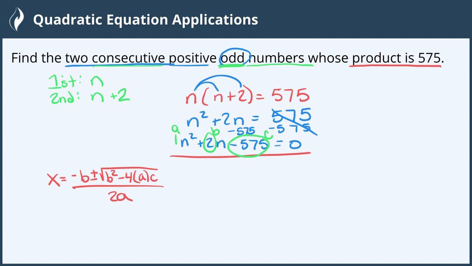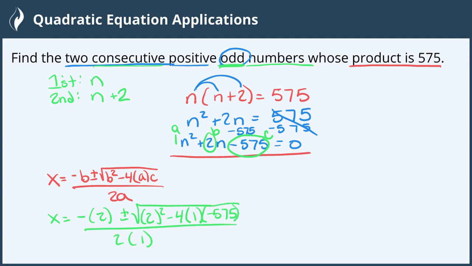So let's plug those in and we get x equals negative b, which is 2, plus or minus the square root, using parentheses to substitute, 2 squared minus 4 times a, which is 1, times c, which is negative 575, all over 2 times 1.